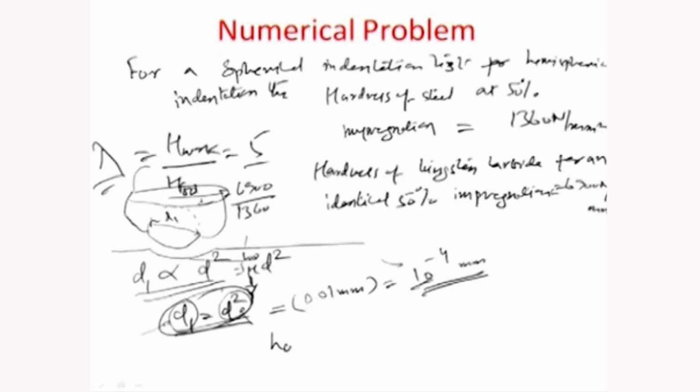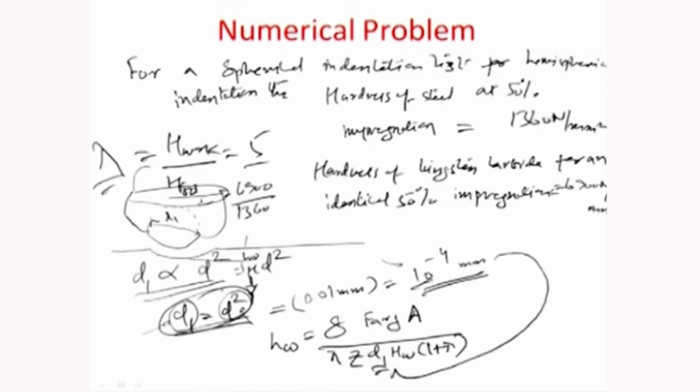So, this HW, as you know, has earlier been predicted by the equation 8 F average times the amplitude of motion of the tool head divided by pi Z d1 HW times 1 by lambda. We already know what d1 is, okay, and we already know what the lambda value is, it is about 5, which we calculated here.